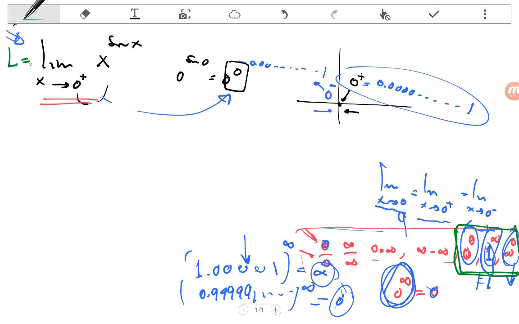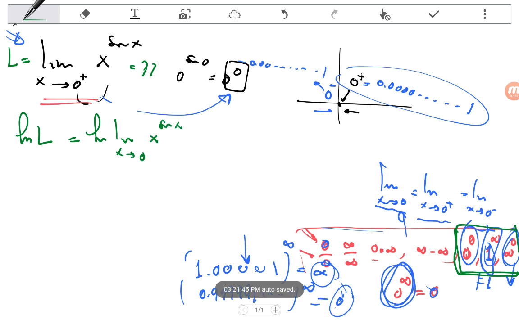Okay, so I will call this limit L. I need to know what is the value of L. So I will take ln L. Do you remember ln? Ln is the natural logarithm. So this will be ln of the limit x approaching 0 of x power sine x.